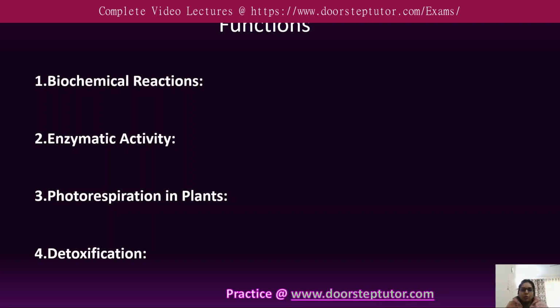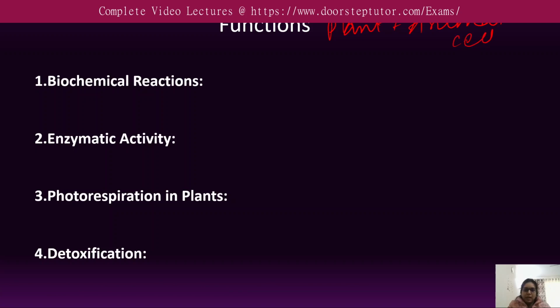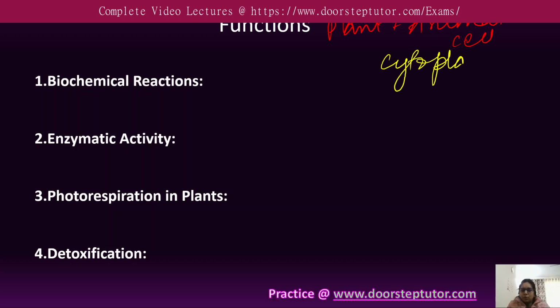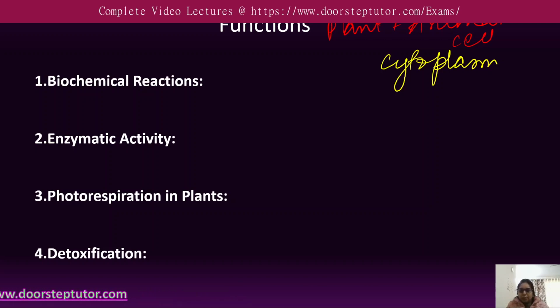So let's see what the functions of the microbody are. Microbodies are cell organelles which are present in both the plant as well as the animal cell, and typically they are found in the cytoplasm only. They are vesicular and mostly spherical in shape. Various types of microbodies exist, and they perform several functions within the cell.